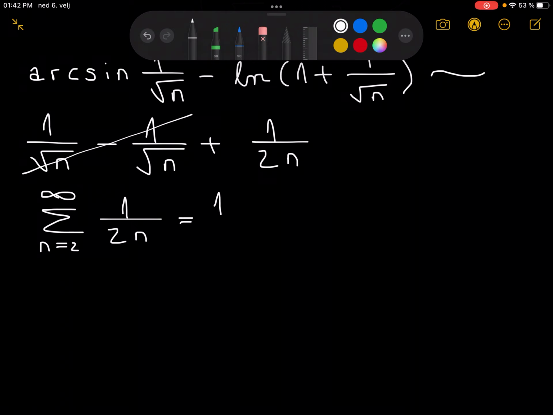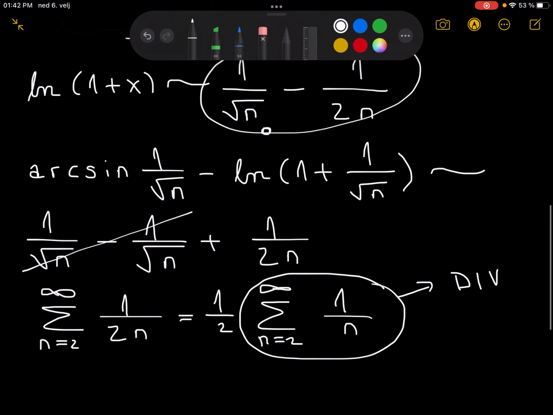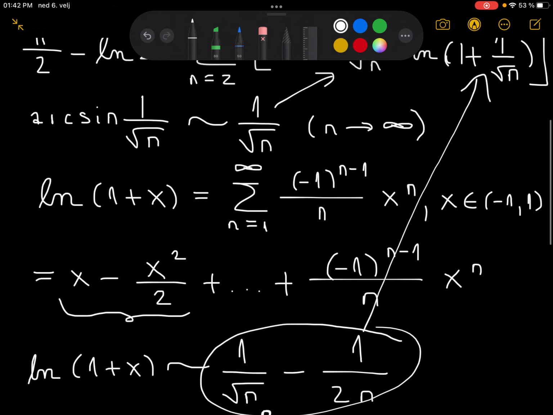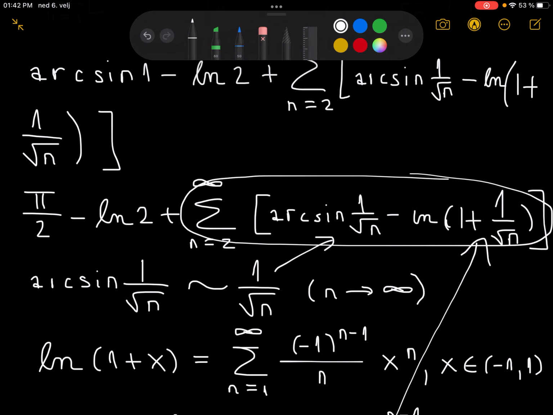Now by pulling out 1/2 in front of the series, we're just left with the series, as n goes from 2 to infinity, of 1 over n. And this series is quite well known. It's called a harmonic series, and it always diverges. So if this series diverges, which it does, then this series right here must also diverge.